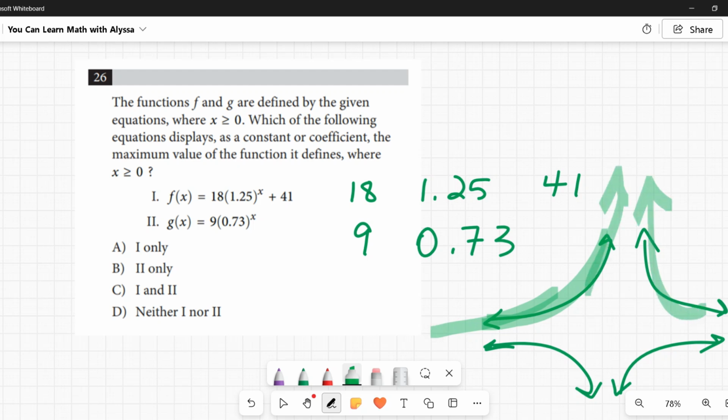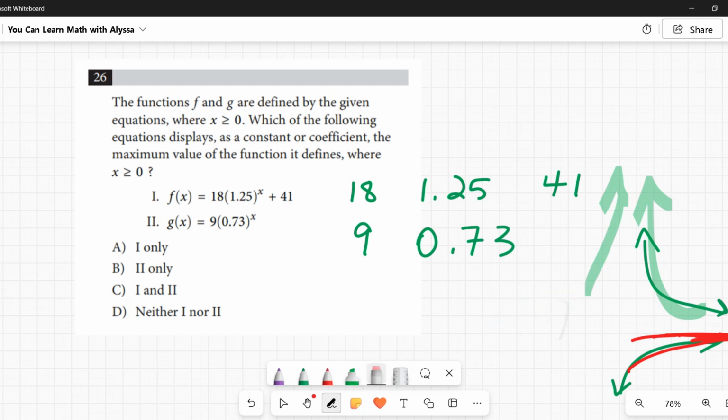This one is going up forever to the left. Here, it's not going up forever. It's approaching a limit, but it never crosses that limit. So there isn't a strict maximum point. It gets closer and closer. Same with this one. It goes up and up, and there's a limit. It never touches that limit. It gets closer and closer, but there isn't a true maximum point. And likewise, there's no true minimum point.